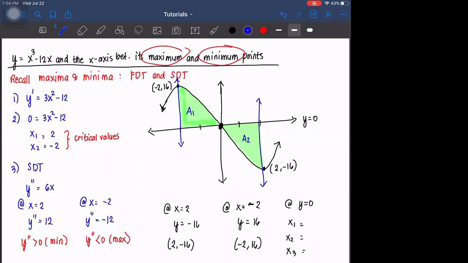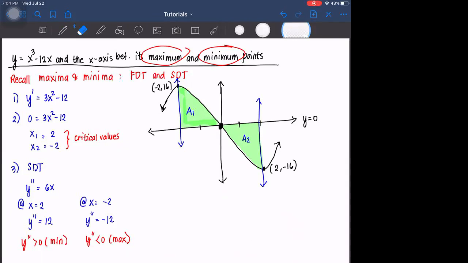Now, how do we find the total area? We just add. So total area is equal to area 1 plus area 2. But what is area 1? Unsay limits niya?